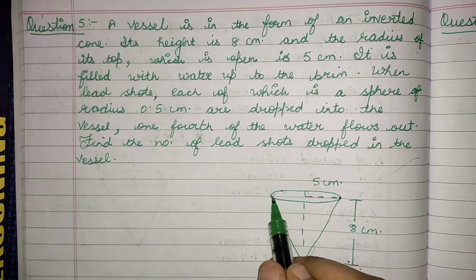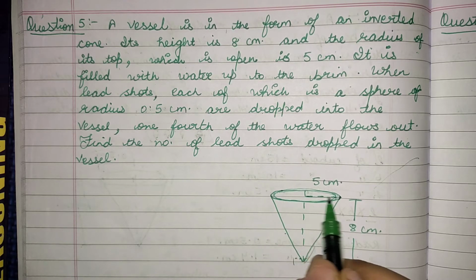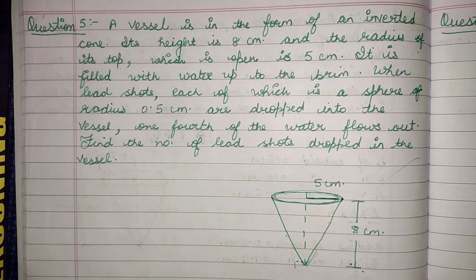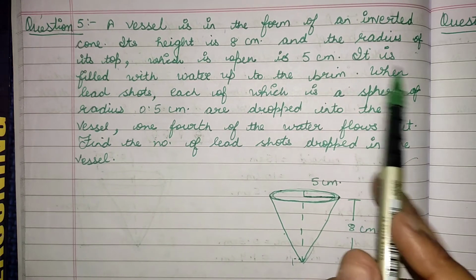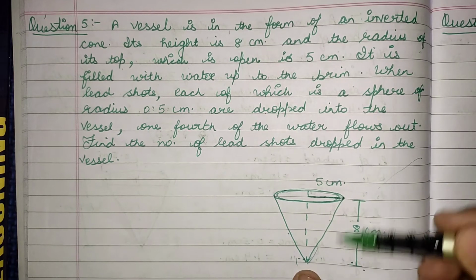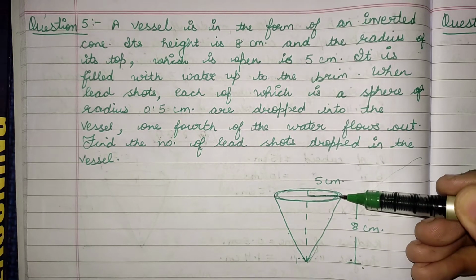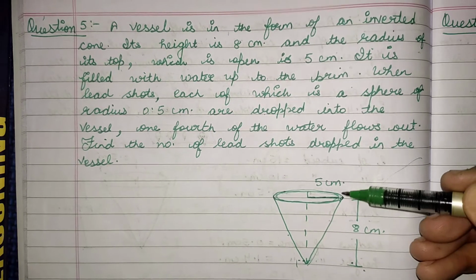So this open top part is the circular part, and its radius is given equal to 5 centimeter. It is filled with water up to the brim, which means it is filled to the top with water, up to the complete height.